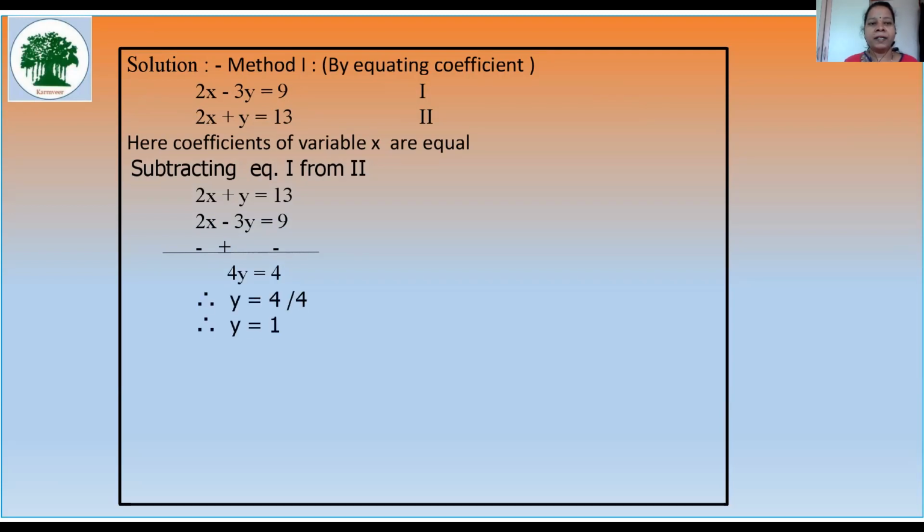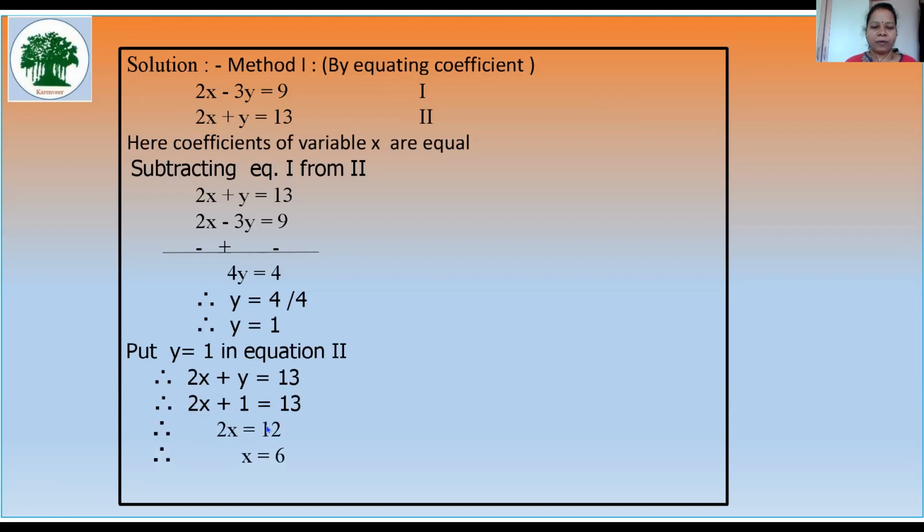So we eliminate x and find the value of y. Now substitute this value of y in the second equation, 2x plus y is equal to 13. Put the value of y in place of y: 2x plus 1 is equal to 13, that is 2x is equal to 12. So x is equal to 6.